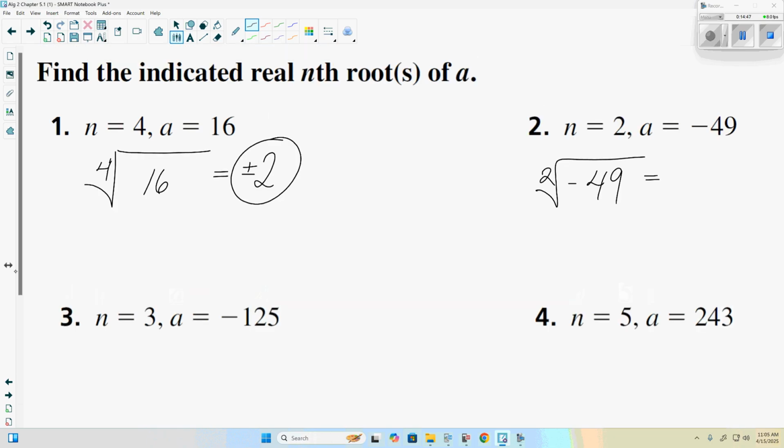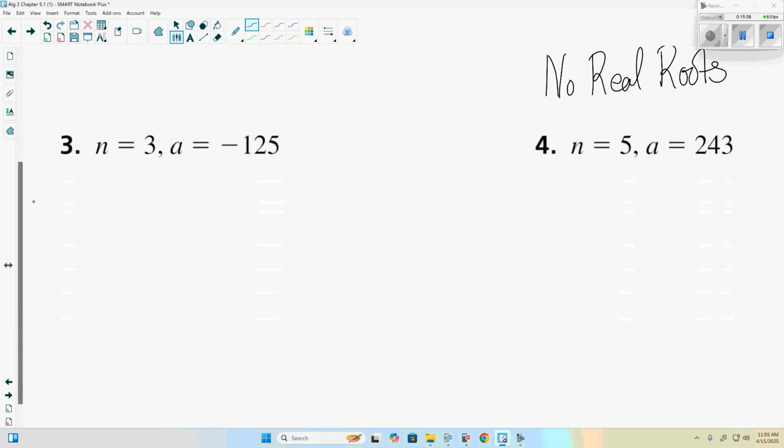But what is the problem asking for? To find what? Real roots. So there are no real roots. It's not that there are no roots, but there are no real roots for this here. We say no.